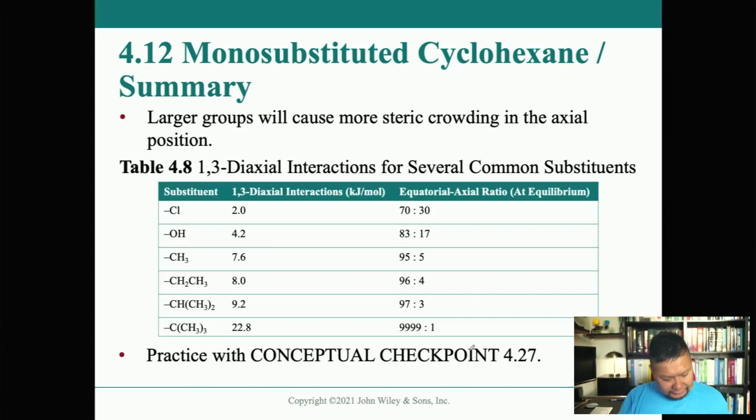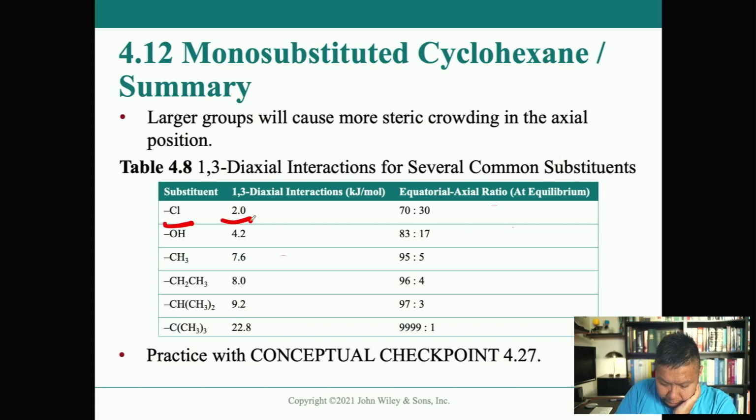So here's a quick summary about cyclohexanes. Larger groups will cause more steric crowding around the axial position, as we saw. In this particular chart, talking about the 1,3 diaxial interactions, if you had chlorine as a substituent, the energy there is 2 kilojoules per mole.